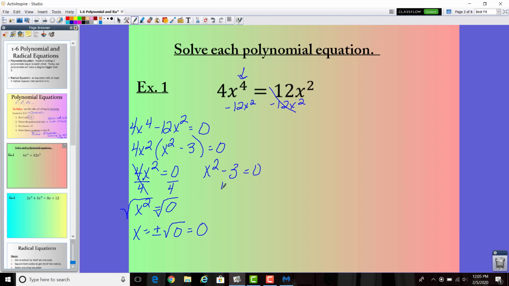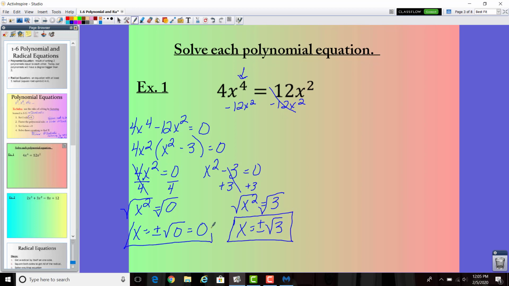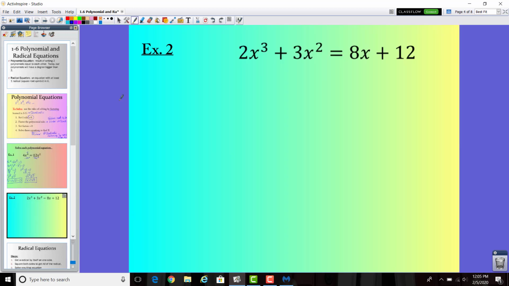I'm going to use the square root property on this one as well. So x squared equals the number 3. You can take the square root of both sides, and x equals positive or negative square root of 3. Since the radical 3 does not reduce, I cannot do anything else. My x answers are 0 and plus or minus the square root of 3.